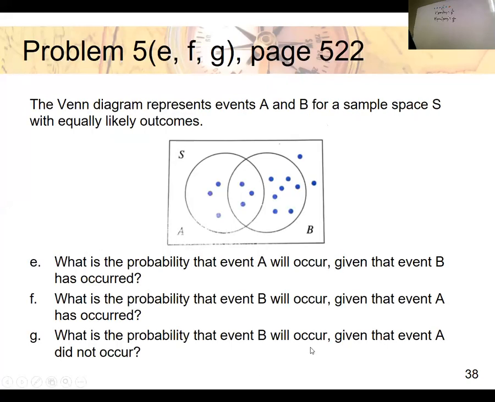Let's talk about this particular example, E, F, and G, which is the rest of problem number 5. So here we got that same Venn diagram with 15 dots, equally likely outcomes. Each one has an equal chance of being selected.